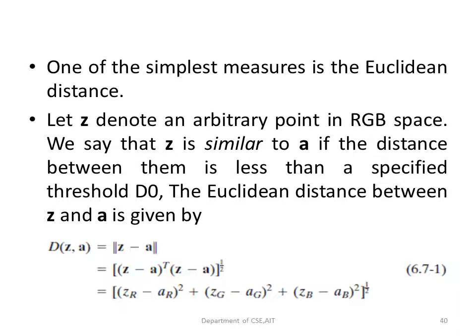We say that z is similar to a if the distance between them is less than a specified threshold d naught. The Euclidean distance between z and a is given by d(z,a) equal to the norm of z minus a, which can be simplified with respect to the RGB components.